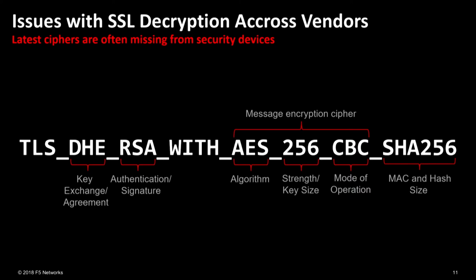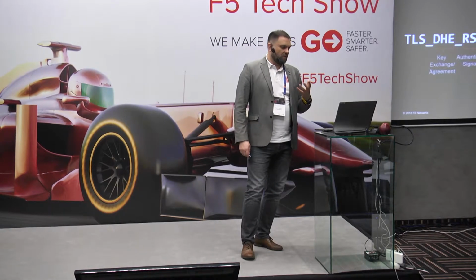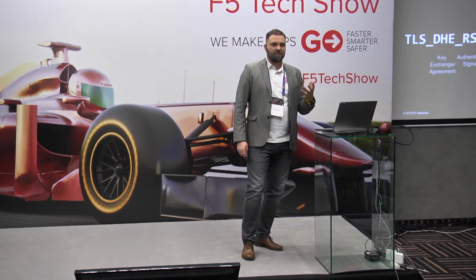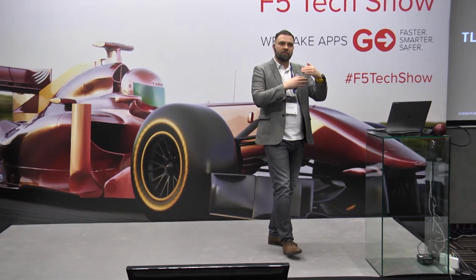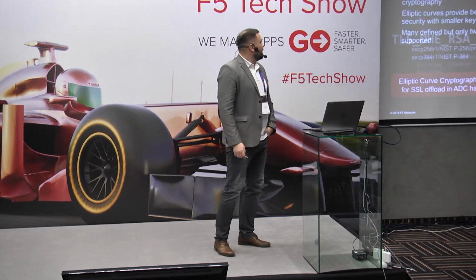So the companies making next-generation firewalls will lower the cipher suite, because they are afraid of losing performance. In other words, they will change the security of the original SSL tunnel. So this is tricky.